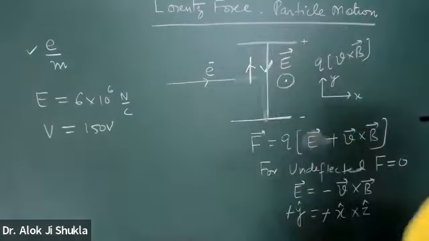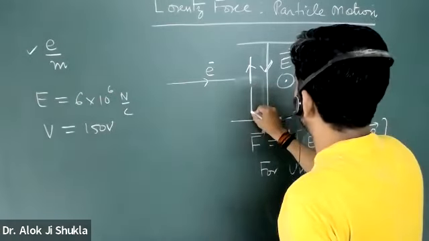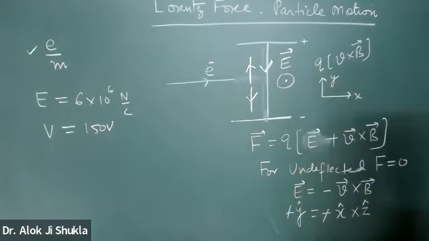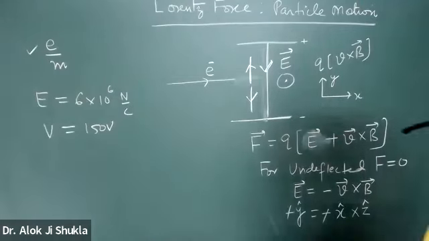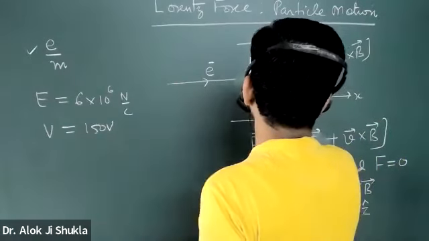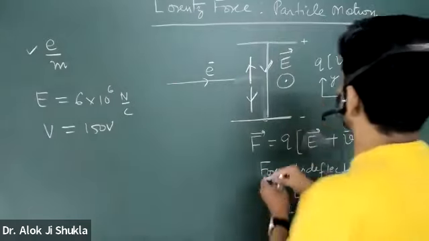The electric field is downward, so where do we need the magnetic field? I want magnetic force in downward direction. So if I want magnetic force in downward direction, this is a negative charge and the force is in upward direction because of this dot.